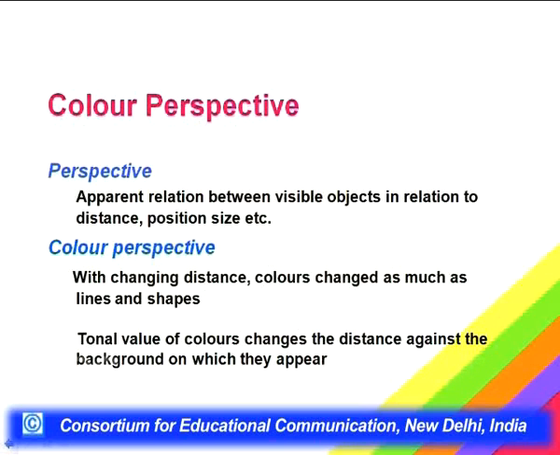Now, color perspective. In a color scheme, you can show the perspective. First of all, you will have to understand the perspective: the apparent relations between the visible objects in relation to distance. Anything you perceive in distance, we call perspective.